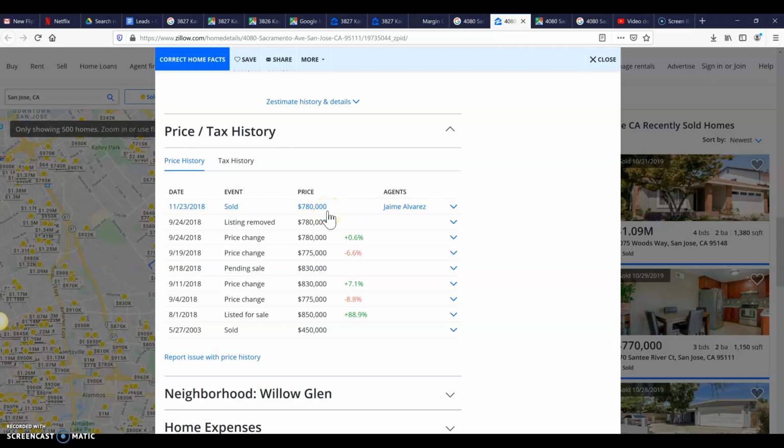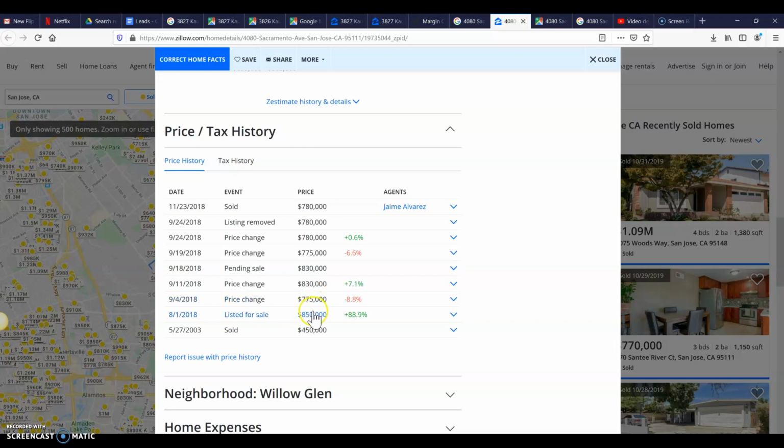Now, another thing I want to elaborate on is that Zillow isn't 100% accurate, okay? This is another thing. It's not a $40,000 course. $780,000, I believe it. That's what they sold at.